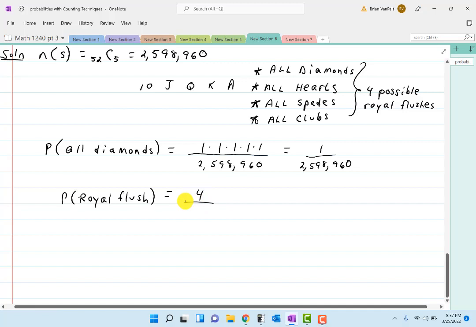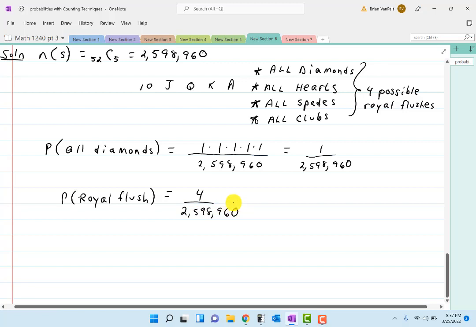The reason being is because if you go through and do all hearts, or all spades, or all clubs, you'll get this 1 out of 2,598,960 for each of the 4 of them, and then when you add them together, you'll get the total probability.